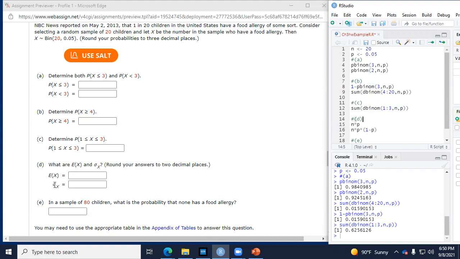And pay attention, this is standard deviation, not variance. So that will be a square root of this. So n times p times q is the variance. The standard deviation is the square root of the variance. This is how you do square root.